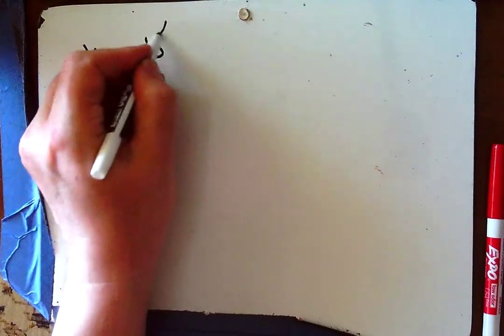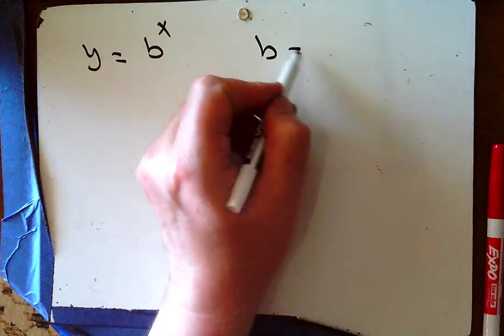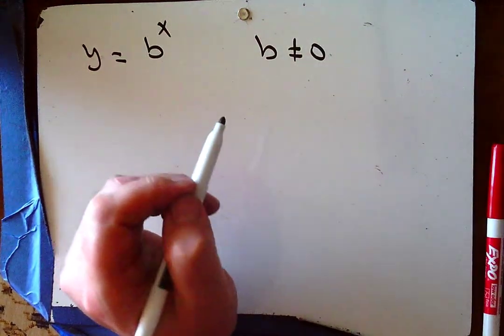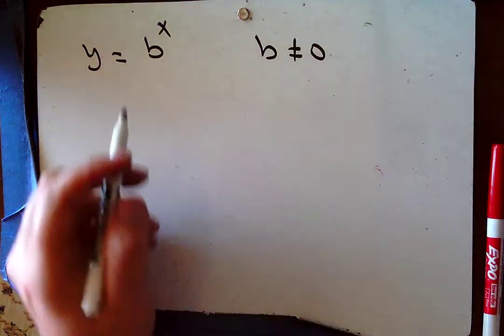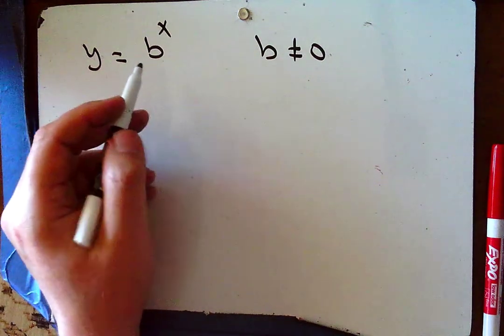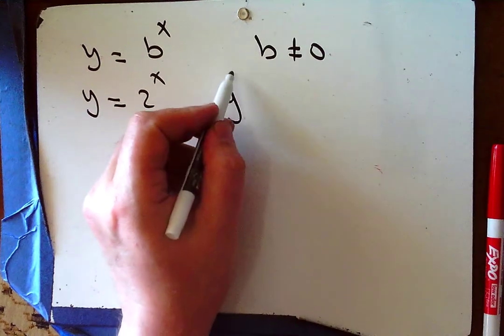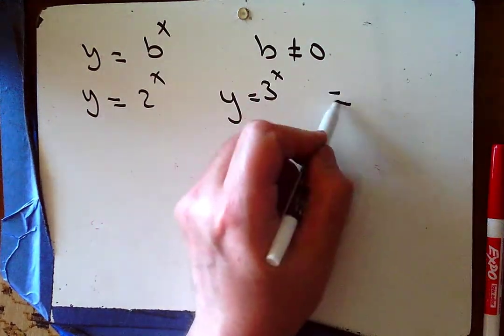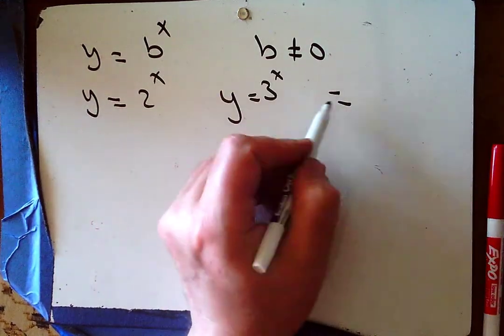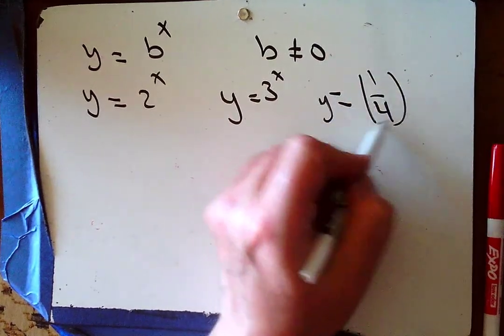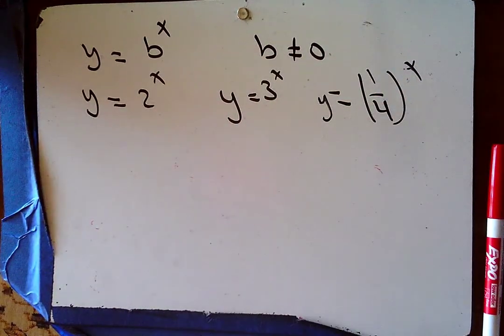Speaking about things that have asymptotes, what about y equals b to the x, where b is not equal to 0? So in this situation, we're talking about exponential functions like y equals 2 to the x, or y equals 3 to the x, or y equals 1/4 to the x. What do we know about these?